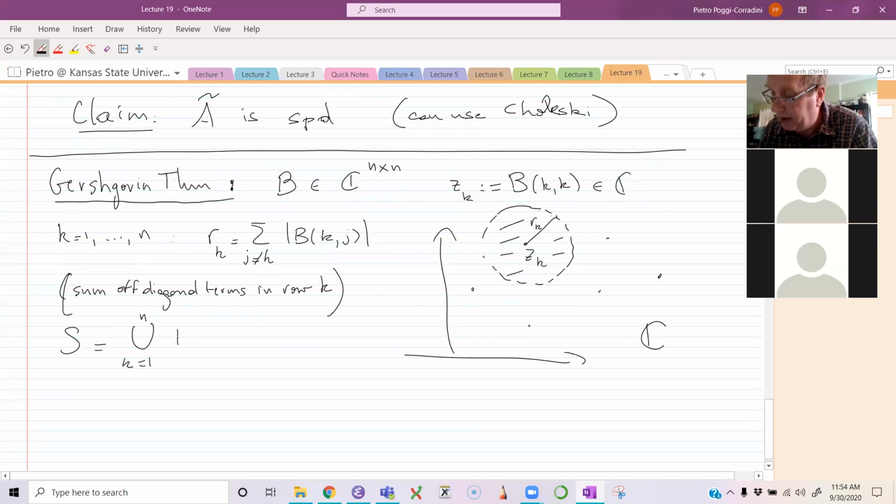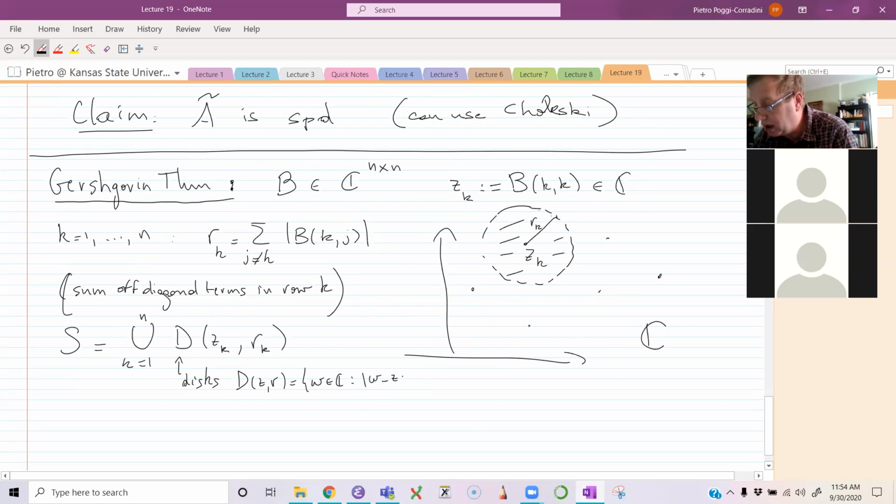I'm going to use the letter D. A disk centered at z_k of radius r_k. And so D(z, r) is the set of complex numbers w whose distance from z is less than r.